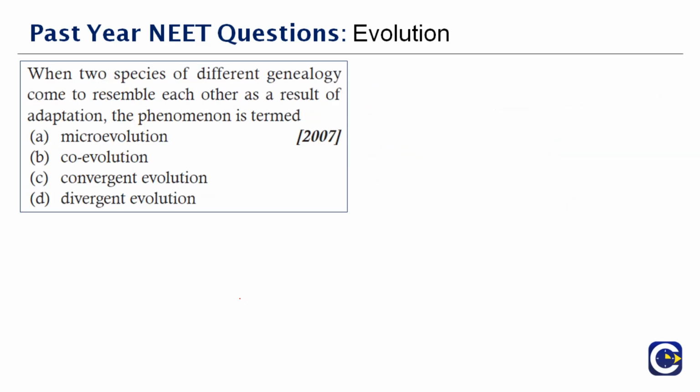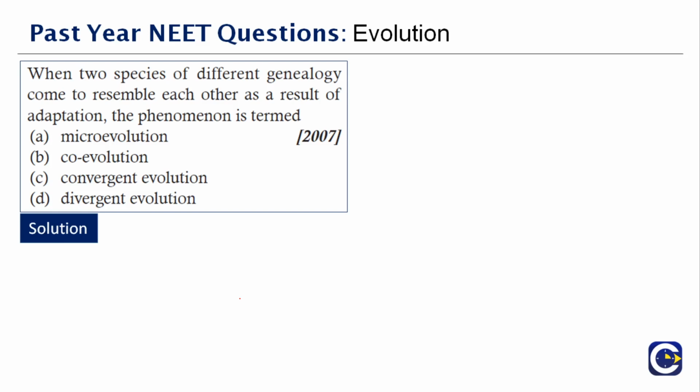Okay, next question here. When 2 species of different genealogy come to resemble each other as a result of adaptation, the phenomenon is termed as dash. This question was asked in the year 2007. The analogous organs show convergent evolution due to the similar adaptations which do not support organic evolution.